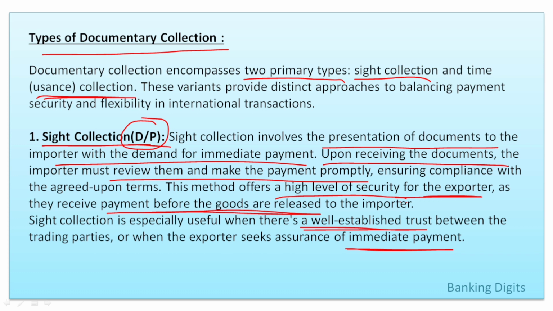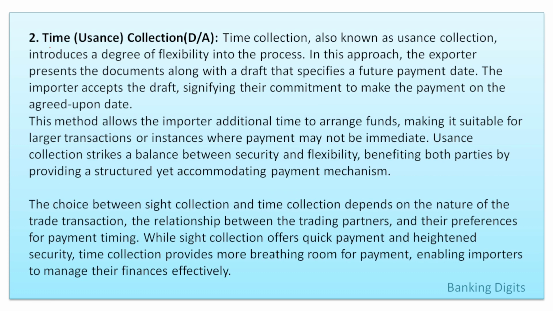Now, second type is time or usance collection, which is also called DA or documents against acceptance. Time collection, also known as usance collection, introduces a degree of flexibility into the process. In this approach, the exporter presents the documents along with a draft that specifies a future payment date.